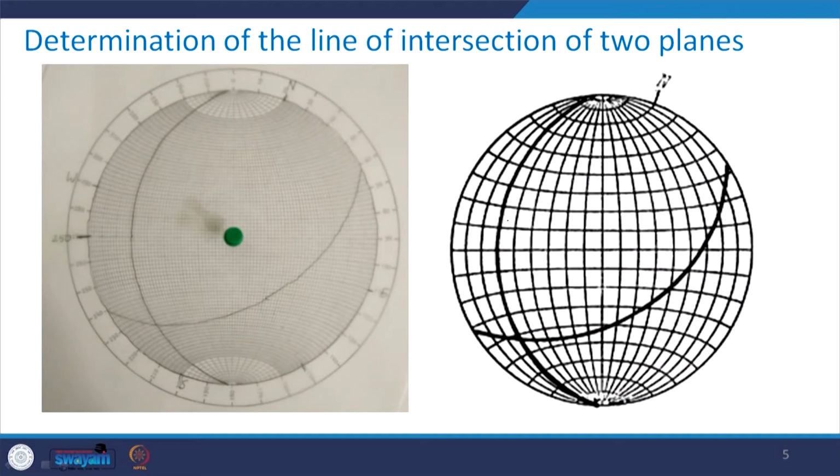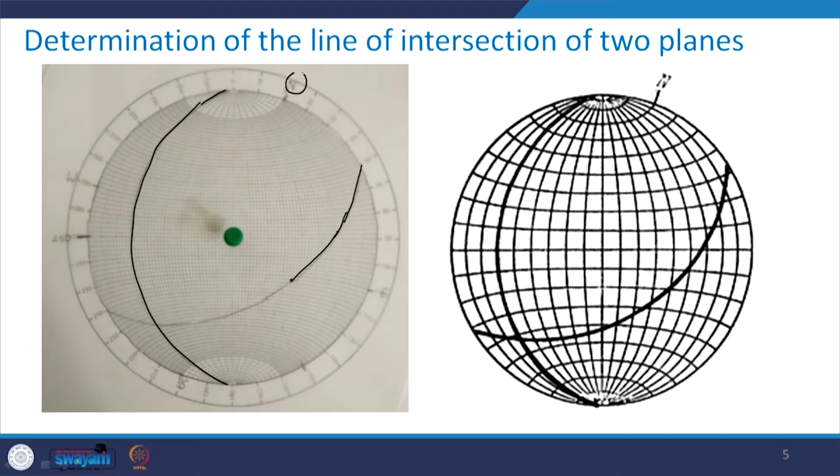This is what we have done. Corresponding to this 30 degree, I draw another great circle which represents the plane having a dip of 30 degree and dip direction of 250 degree, and obviously this other plane has a 130 degree dip direction and 50 degree dip as we saw in the previous class. So, we have these two planes, and this is how it will look.